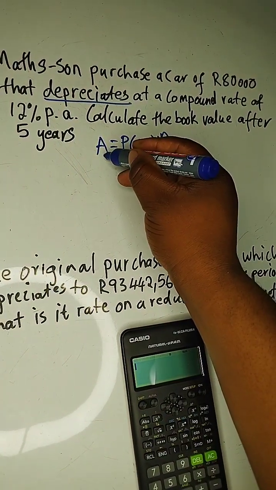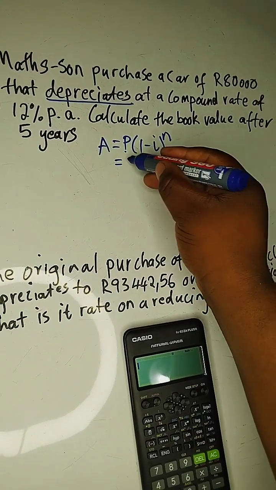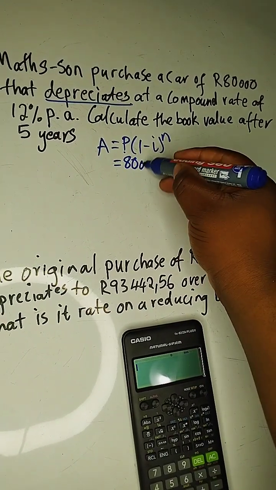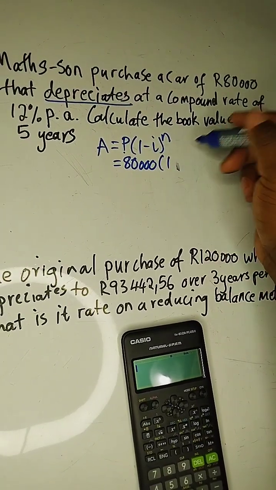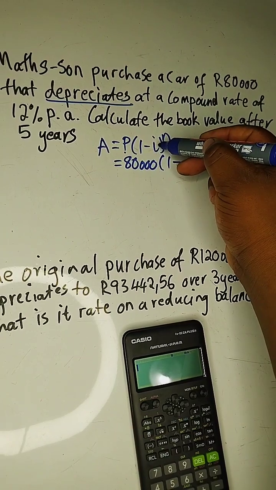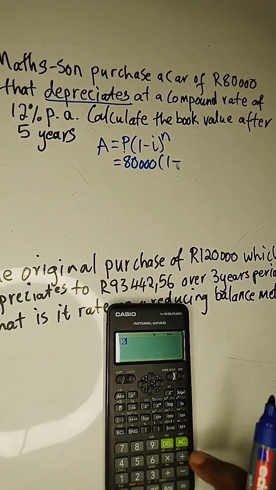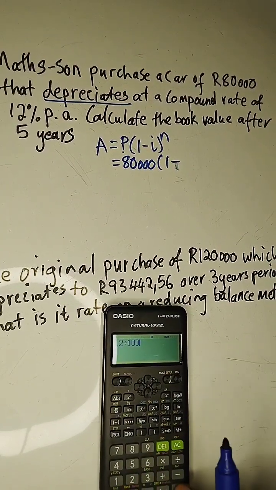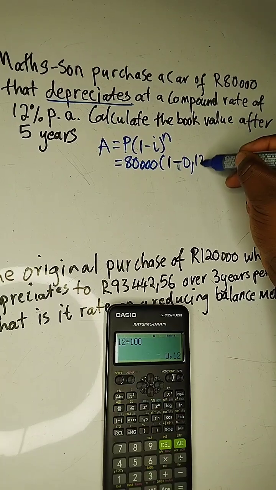Since it loses value, we have a minus here. We don't know our A, we are looking for A. P is 80,000 because it's the principal amount, into 1 minus, what is our I? We go in our calculator and say 12 divided by 100, then it says 0.12.